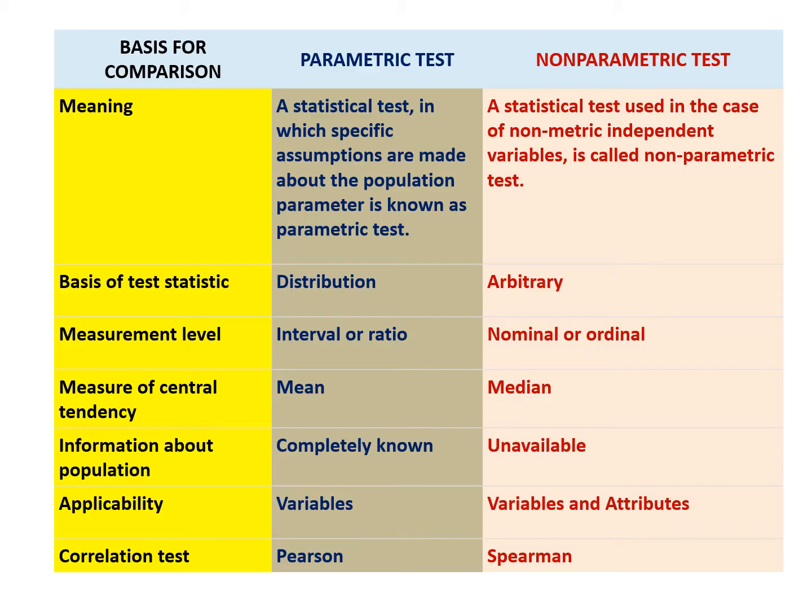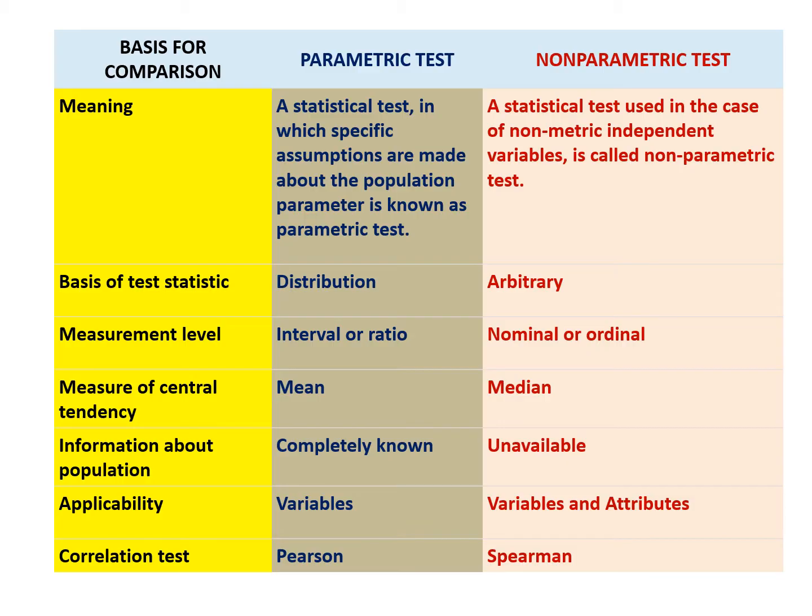The test statistic is based on distribution. The level of measurement used is interval or ratio, and the central tendency measured is the mean. So we have completely known information about the population.